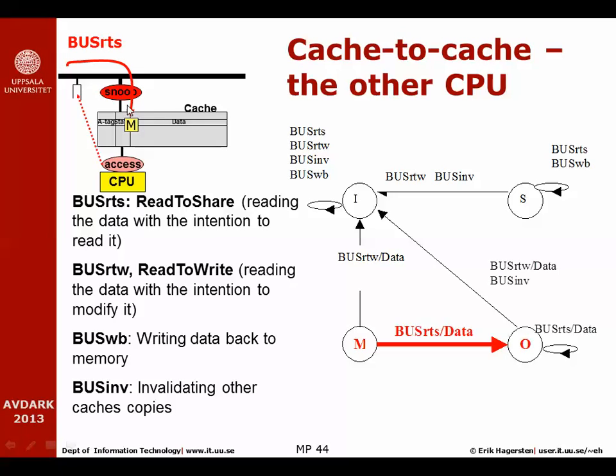More specifically, the cache line in the middle that, before this happened, was in state modified, will see this bus read to share request and change its state from modified to owned. And that is also reflected in the state diagram below. If you're in modified, see bus read to share, you go to owned, and you provide the data. So we have to provide the data back as well to the requesting processor.